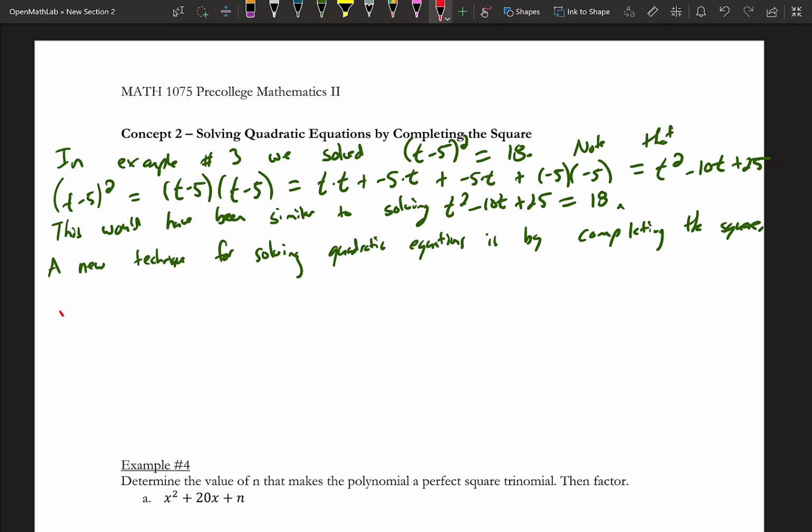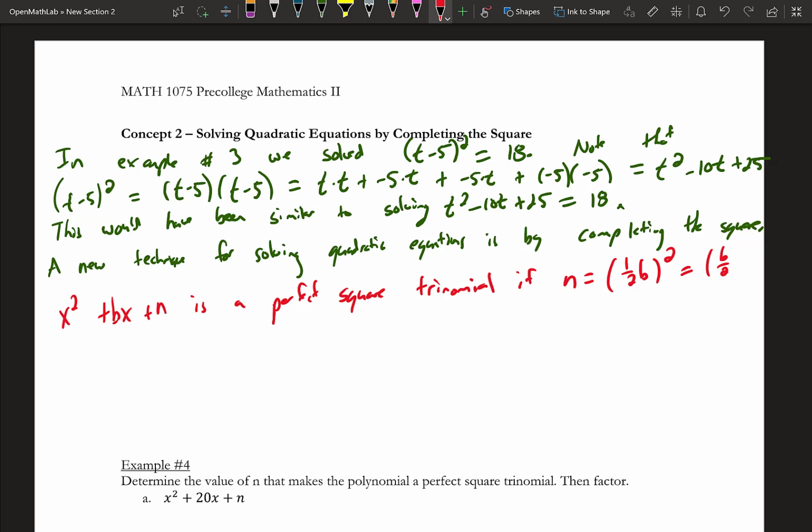So if I have x squared plus bx plus n, this is a perfect square trinomial if n equals 1/2 times b quantity squared, or equal to b divided by 2 quantity squared. Right, so our book does 1/2 times b quantity squared, but I think it's easier just to do b divided by 2, b divided by 2 squared.